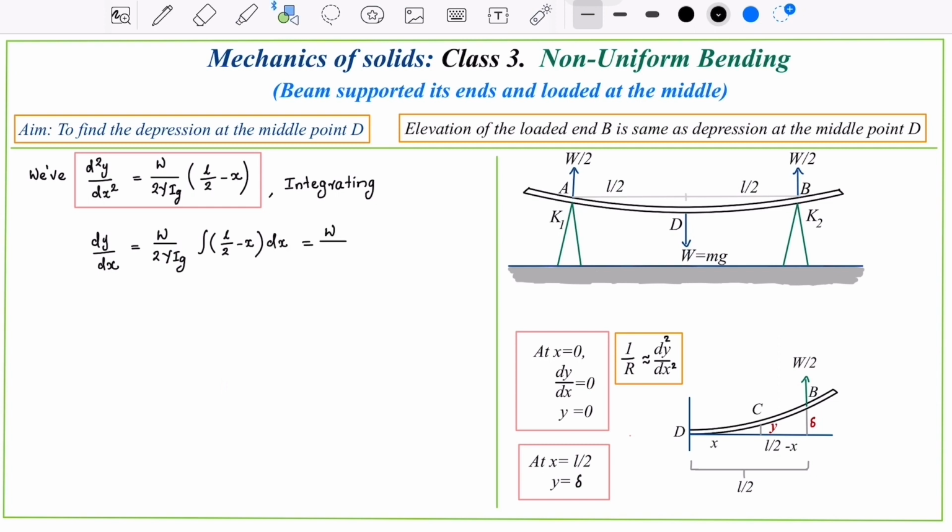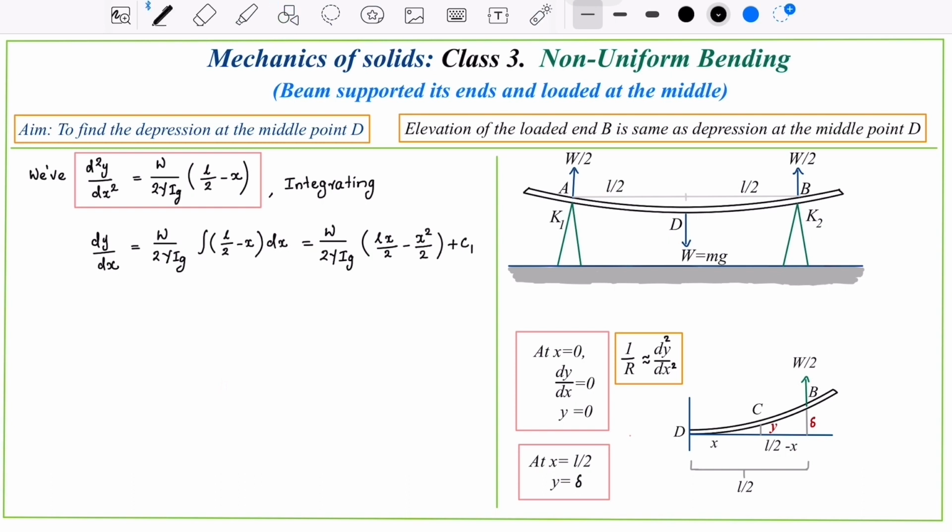That is W divided by 2YIg into, now L by 2 is a constant, therefore the integration becomes Lx by 2 minus x square by 2 plus a constant of integration C1.